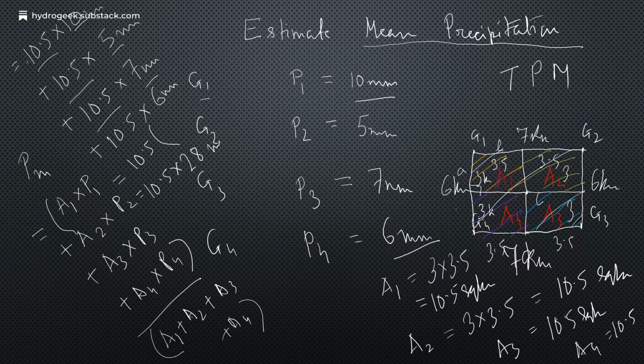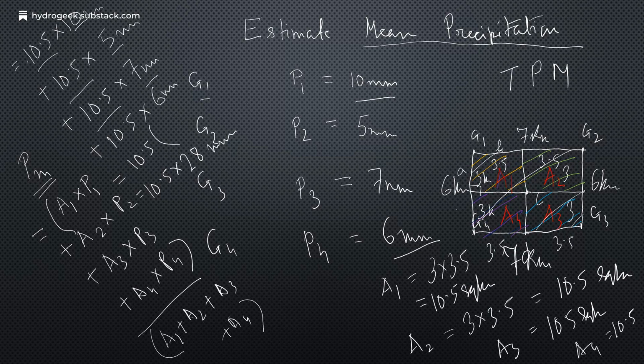But this is in millimeter, so you have to bring it into kilometer so that it results in volume. But as you know, we are trying to find the mean precipitation.